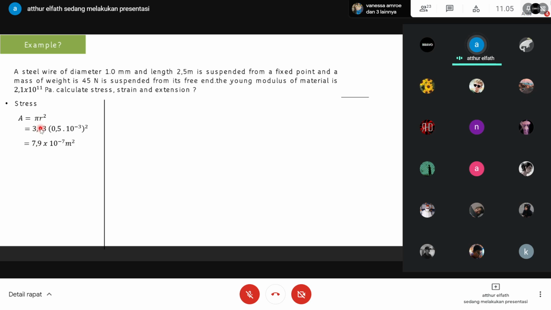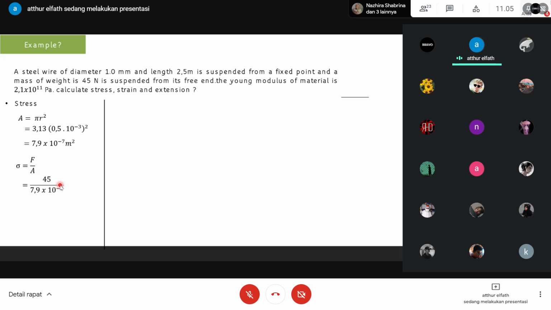And then after you calculate this equation, you will obtain the result equal to 7.9 times 10 to the minus 7 meter square. After you obtain the area, you can use the formula of stress in order to know the value of stress.